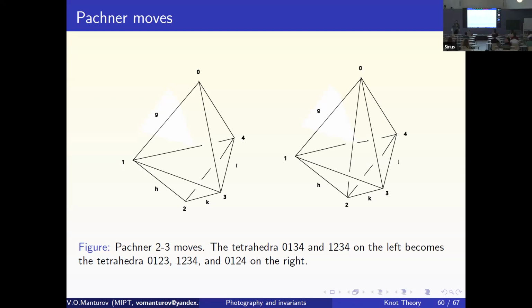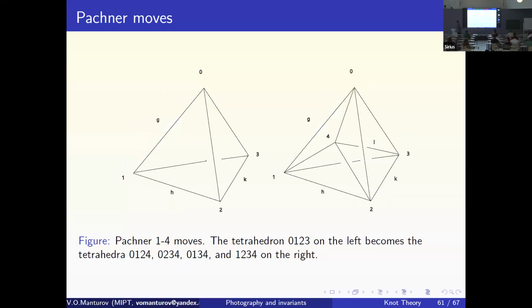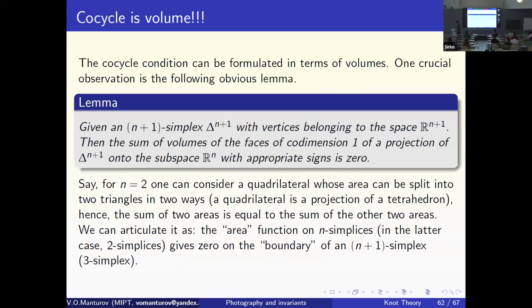But there is also one more condition, and actually to understand de Graaff-Witten, one should look at cocycle conditions. But here I would say a cocycle is a volume, and that is crucial, and more or less this obvious lemma is a crucial lemma.